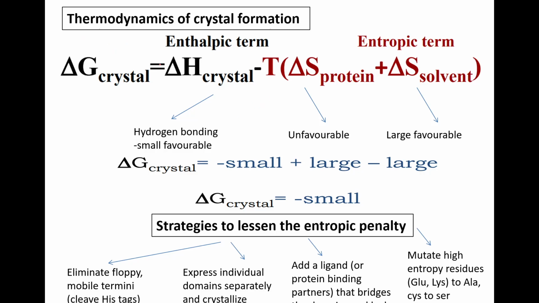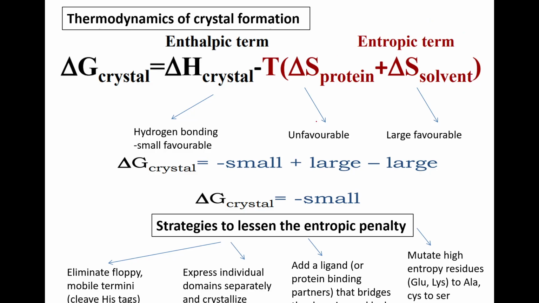So that's why this delta H is favorable, but only slightly favorable, because the hydrogen bonding will occur, but this is not like a secondary structure making hydrogen bonds. It is a complete three-dimensional protein interacting with one another, right? So the enthalpy is modestly favorable for crystal formation. The entropy of your protein is largely unfavorable, but the entropy of your solvent is again largely favorable.